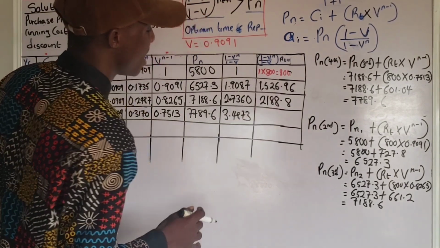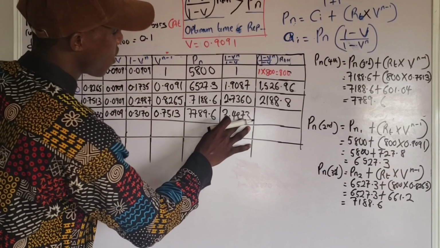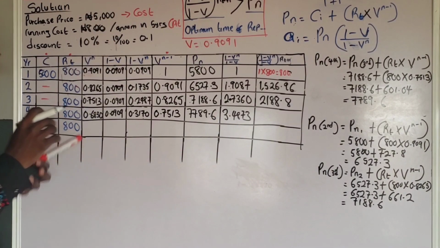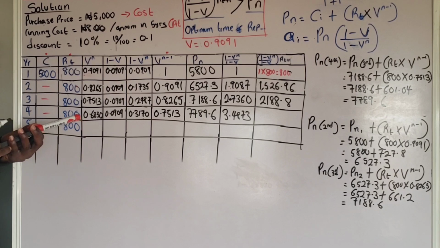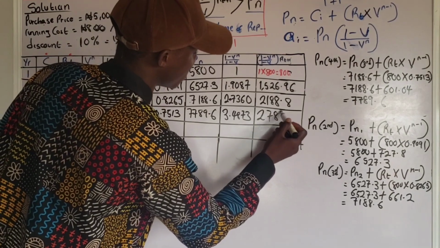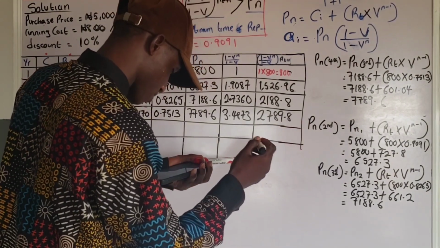So here I'm going to multiply 3.4873 by 800, which is the maintenance cost. So I'm going to have 2789.84. Please kindly pay attention.